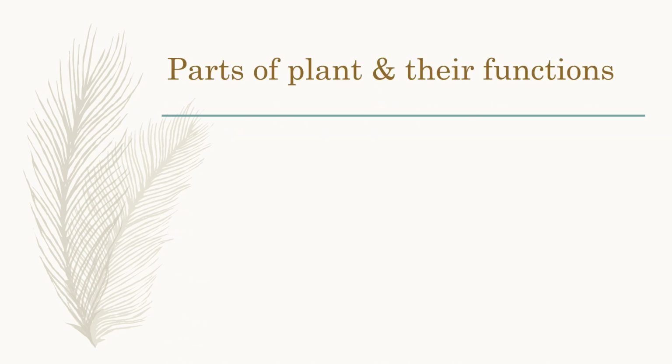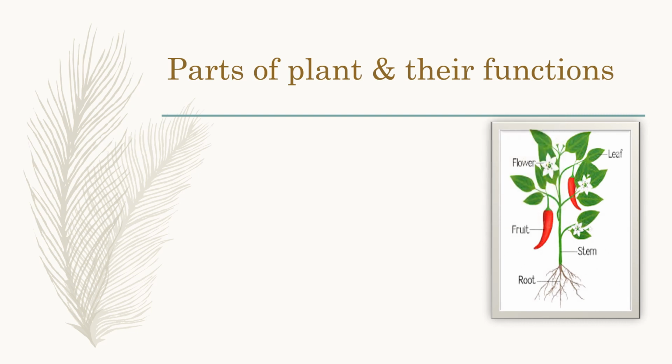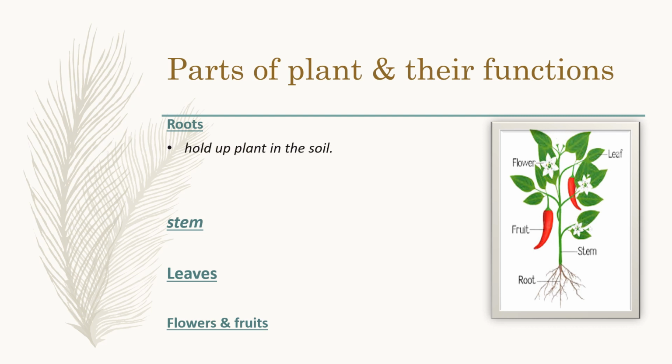Okay, now let's move to know the functions of these parts. Can you see the parts with me again? First, roots, stem, leaves, flowers, and fruits. Okay, let's take them one by one. First, roots.